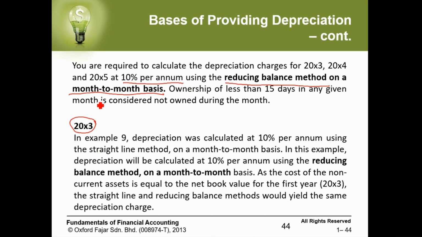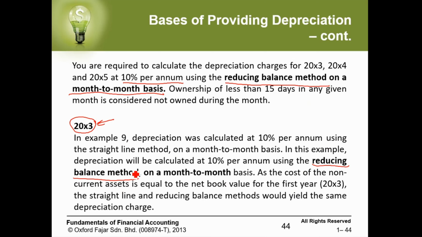Okay, for 2013, when we are calculating using the reducing balance method, the numbers will be similar to the ones when we are using the straight line method because we don't have previous depreciation to deduct. So for that reason, it will be a similar amount for both the straight line and the reducing balance method.